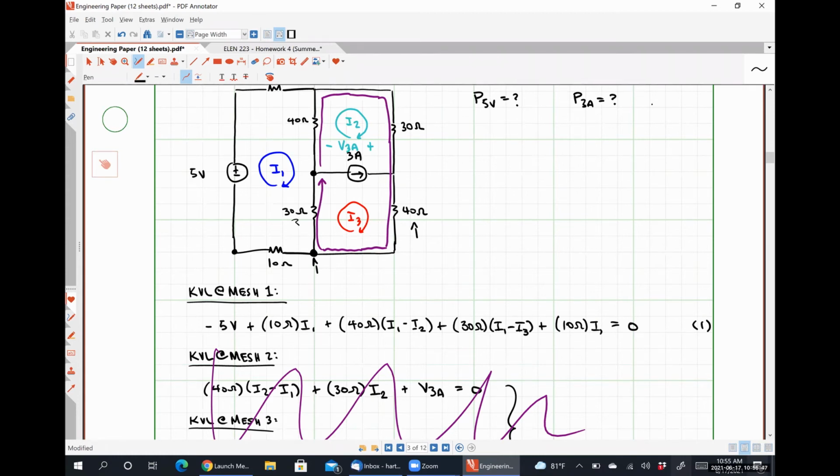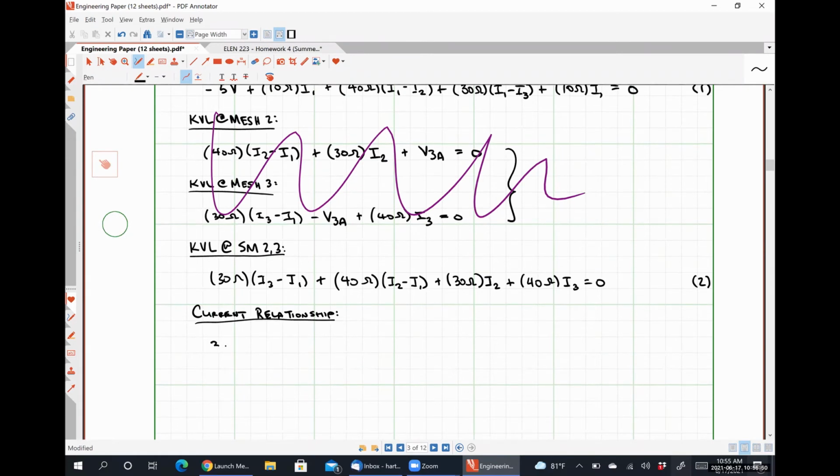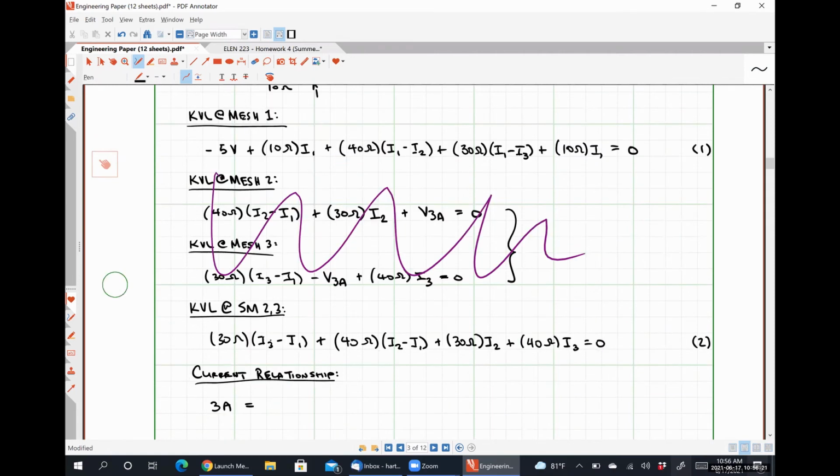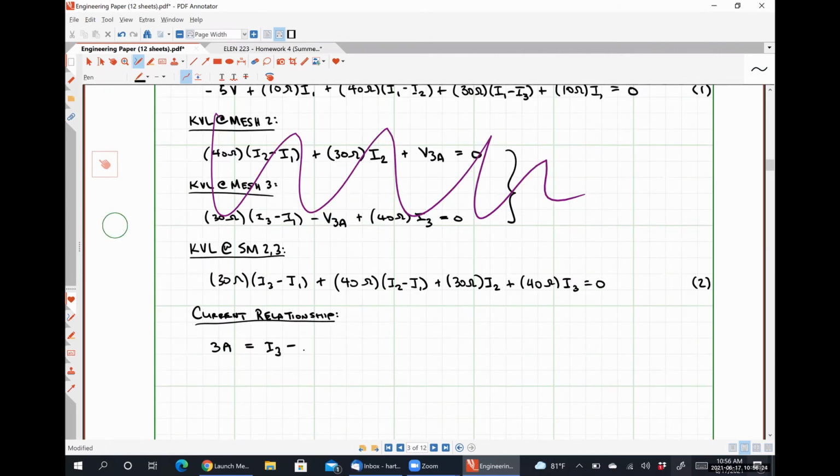So what I mean by that is I can say that 3 amps, which is the current supplied by my current source, is going to be I3, because I3 is in the same direction as the 3 amp source as it goes through its clockwise path, minus I2, because I2 is in the opposite direction of the 3 amp source as it goes around its clockwise path. So 3 amps is equal to I3 minus I2. That is our third equation.